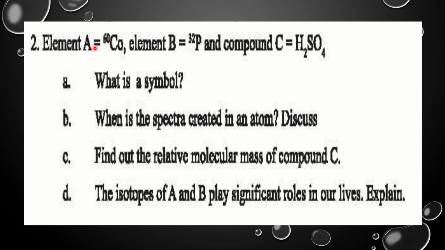This isotope is used to diagnose and treat tumors, and the gamma rays emitted from it destroy cancer-affected cells and tissues. And phosphorus 32 is used for agricultural purposes, and is also used for the treatment of leukemia. So these two isotopes are very important for our everyday lives. So you will explain like this.